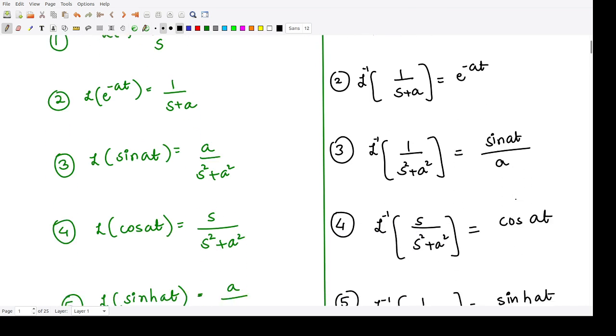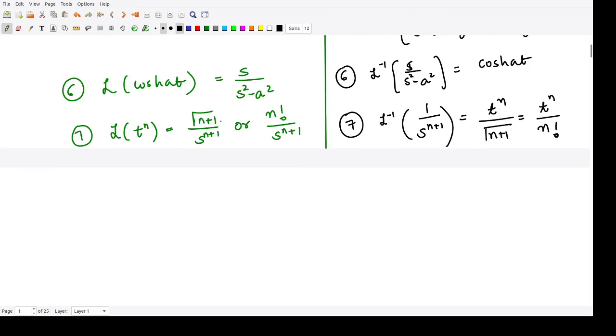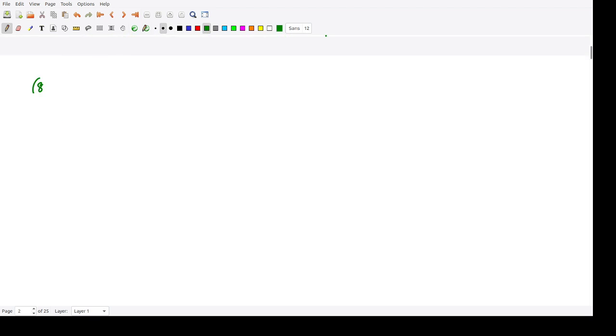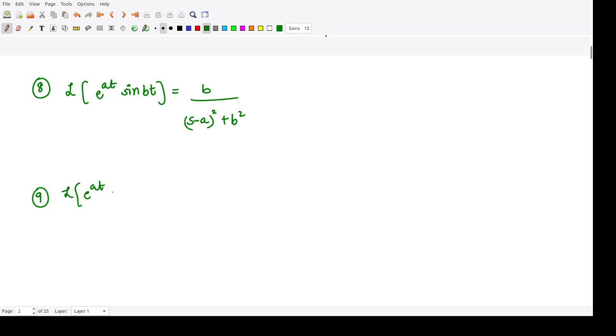Next, we look at some more formulas. So we also know the Laplace transform, using this shifting property, of e to the power at sin bt. This is equal to b divided by s minus a whole square plus b square, and then you know the Laplace transform of e to the power at sin hyperbolic bt.